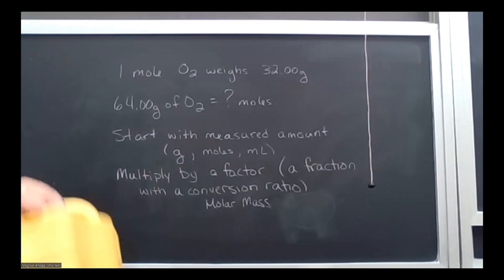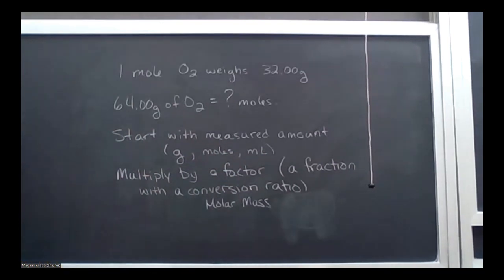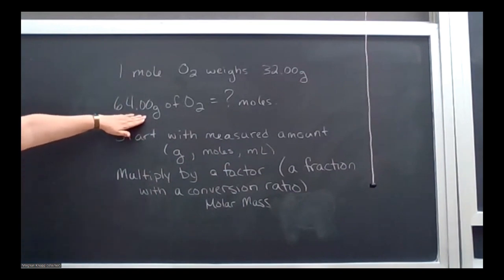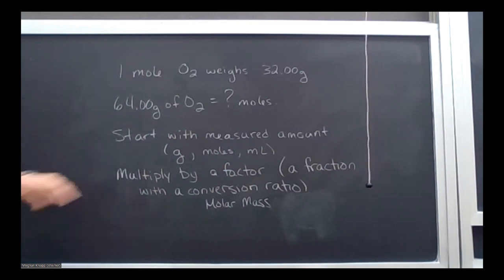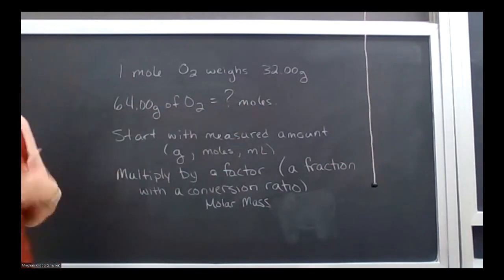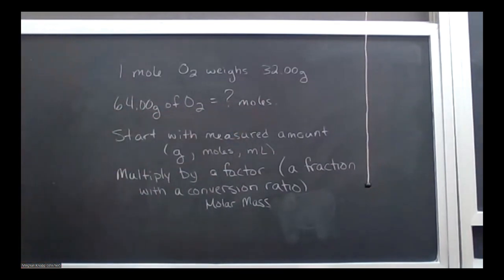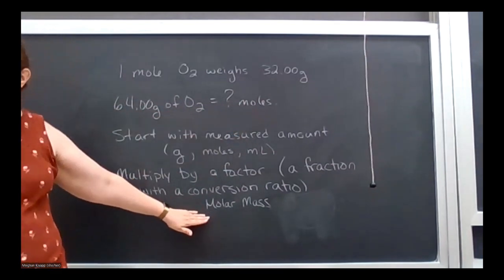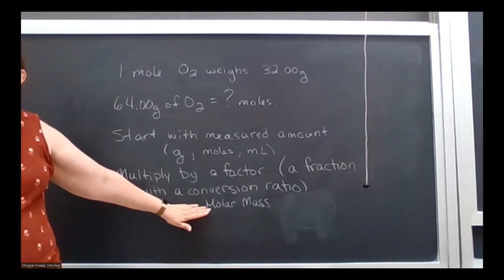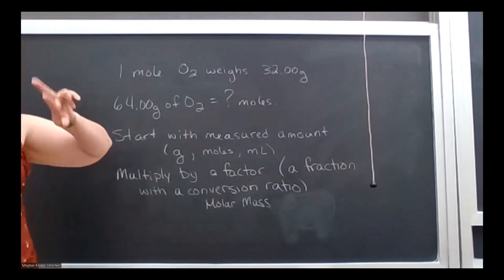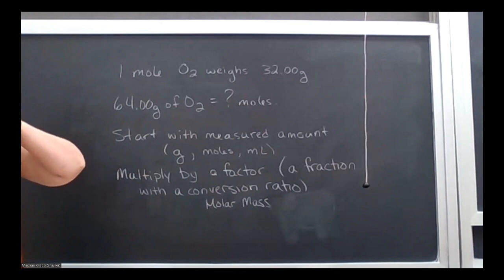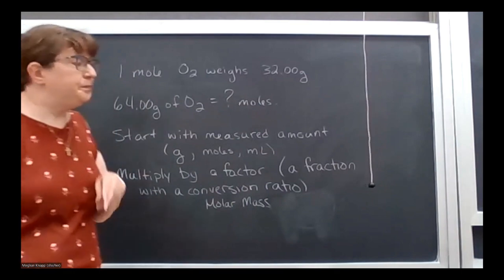So that fraction is going to have the ratio of the units that we have, grams, to the units that we want, moles. And fortunately, we've just found a molar mass, which is that very ratio, right? But we can use that ratio the way we normally think about it or flipped upside down.